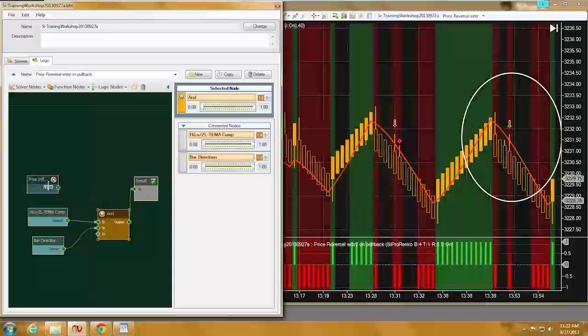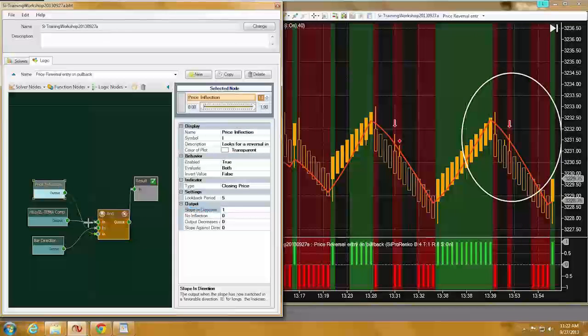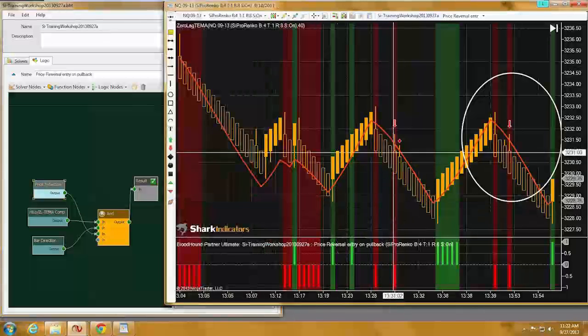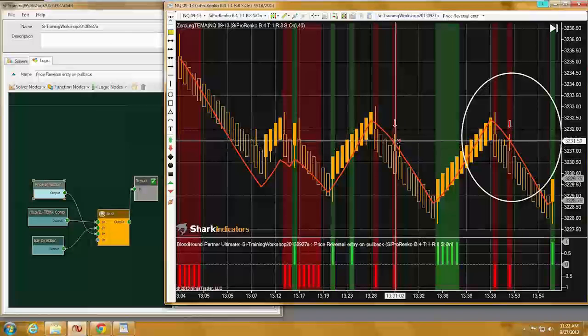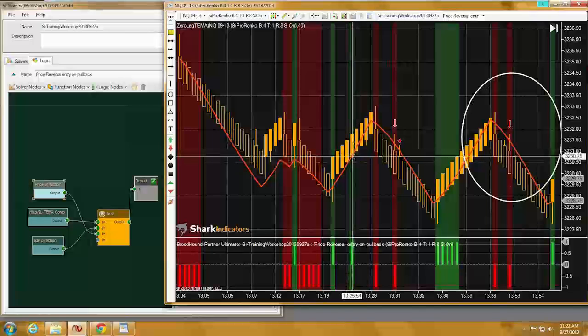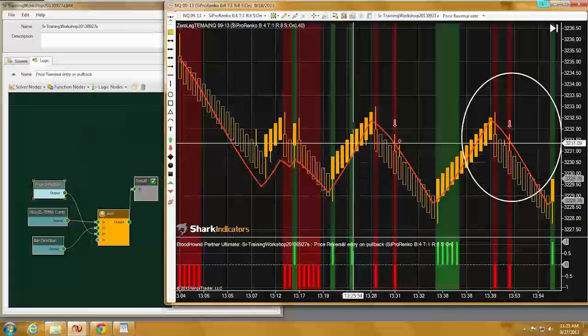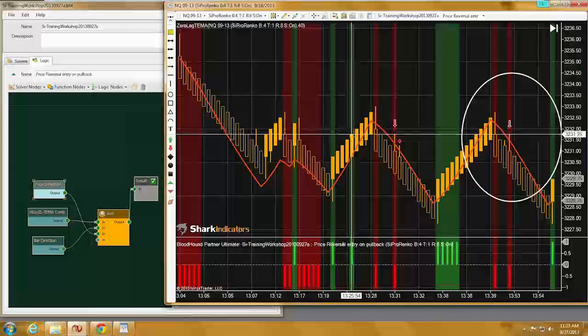So now if I combine it all together, there's our signal, and I can see that we don't want this long signal here because there's no wick on that bar. So I need to create another filter, and I'm going to look for the length of the bar.